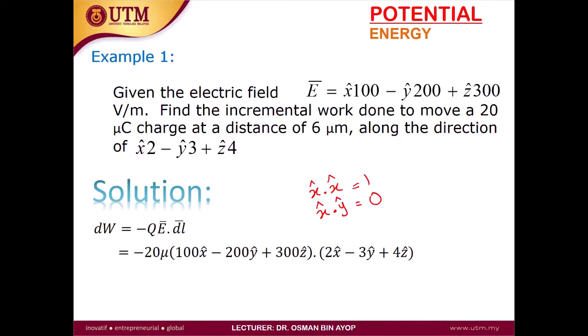With this knowledge, we can solve it. 100 will be multiplied by 2, and then minus 200 will be multiplied by minus 3, and then 300 will be multiplied by 4. So our solution is equal to 40 millijoule.